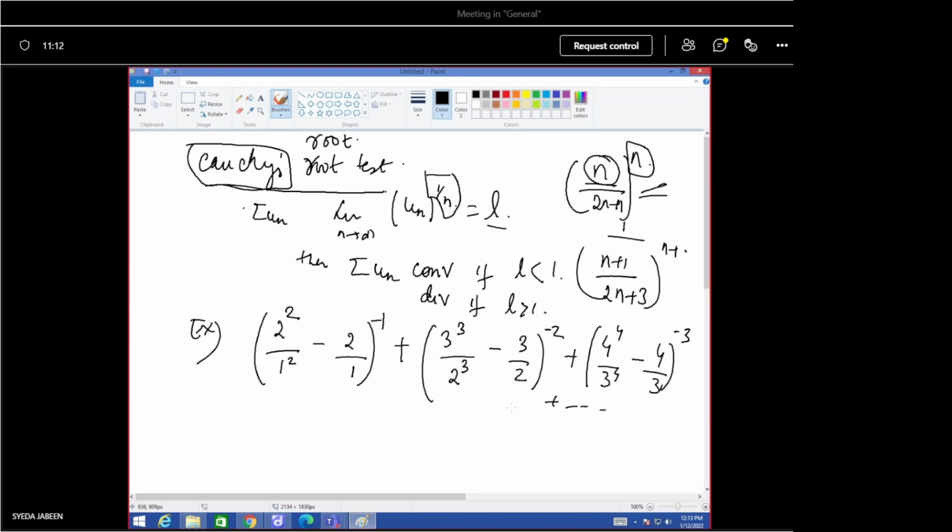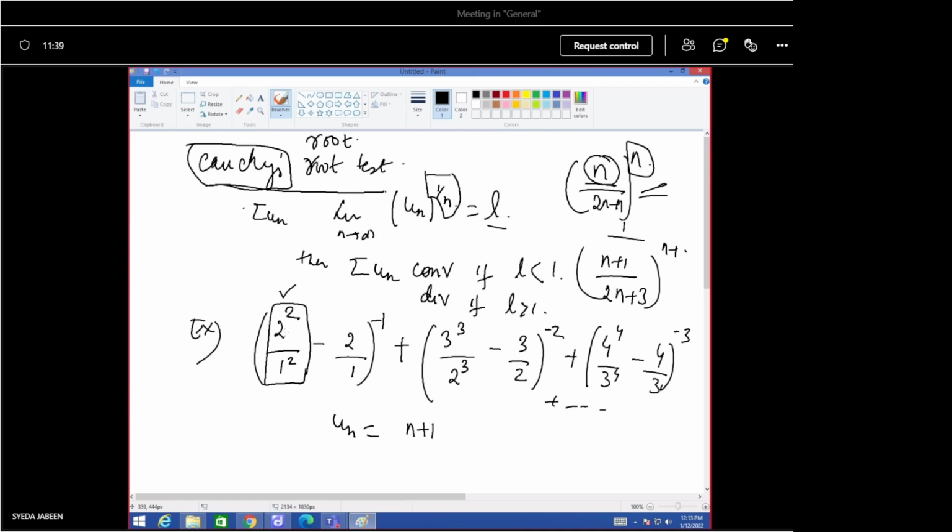Ma'am, is it n squared by n plus 1 to the power n? Ma'am, it is n plus 1 to the power n plus 1 upon n squared minus n plus 1 upon n, to the power n plus 1. You take the terms in order. Over here you have the first term, which is the group of numerator and denominator terms.